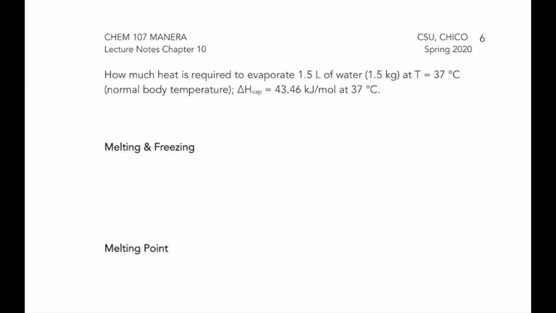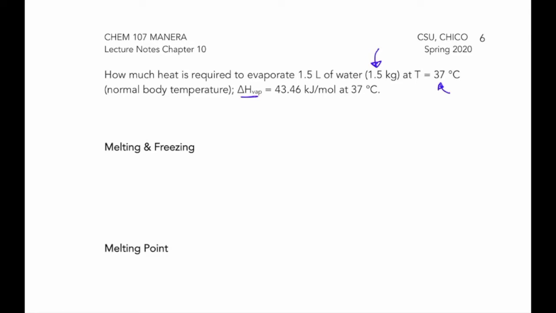Okay, how much heat is required to evaporate 1.5 liters of water, which is 1.5 kilograms, at, this is kind of a higher temperature, so that's why it's changed, 37 degrees Celsius, and the heat of vaporization is provided here, 43.46 kilojoules per mole. So a little bit less energy required at the higher temperature.